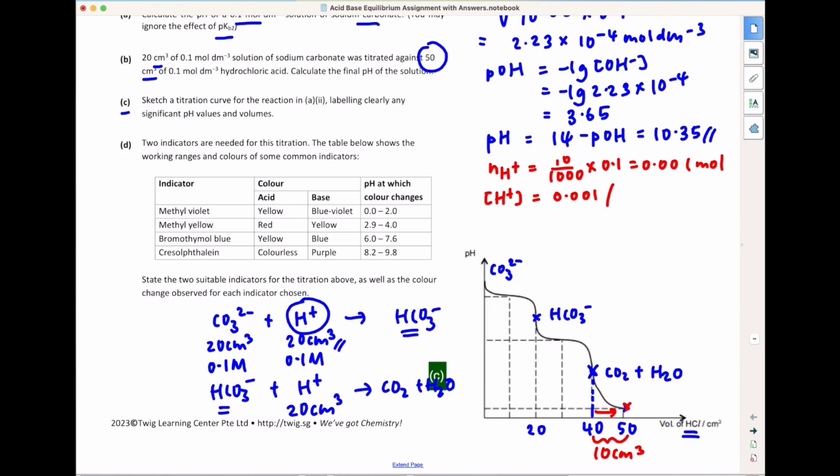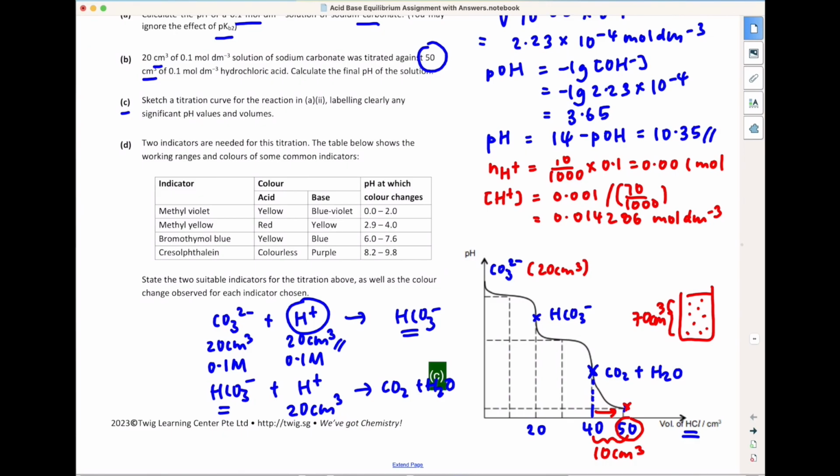The carbonate at first was 20 cm³, and you added 50 cm³ of the acid, so the total volume at that point is 70 cm³. The H+ ions are floating in this volume of 70 cm³, so you divide by 70 over 1000, and that gives a value of 0.0142286 mol per dm³.